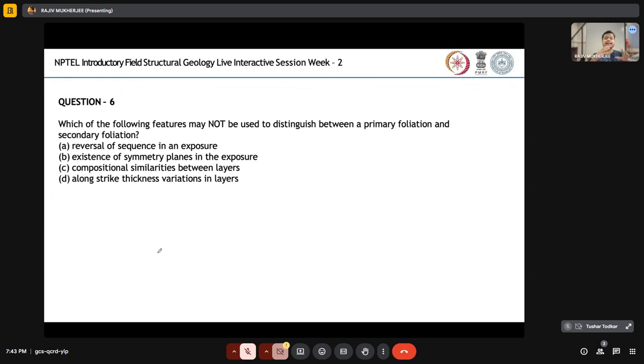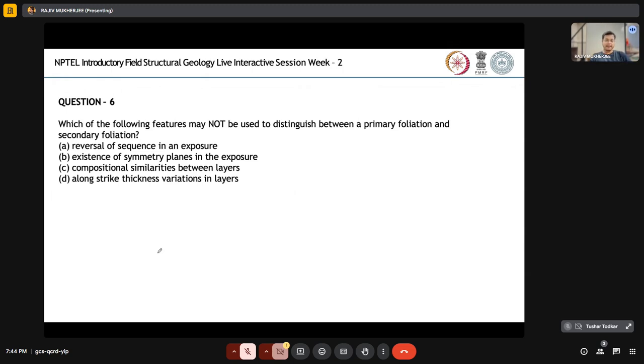So in a general sense, reversal of sequence in an exposure definitely is a criterion using which you can delineate exactly from where the discontinuity between the structures starts to appear, and therefore there is an existence of a primary plane and a secondary plane.